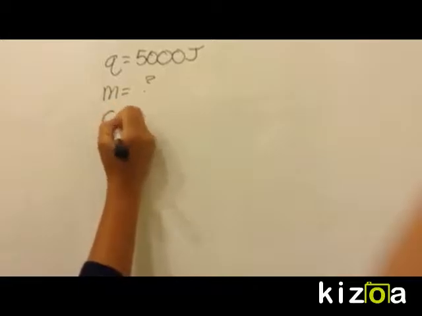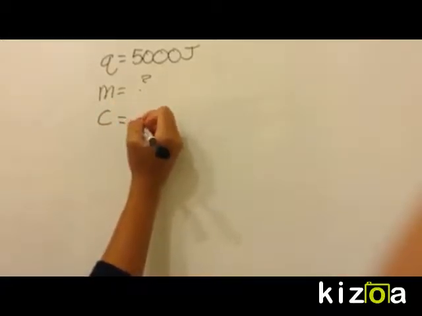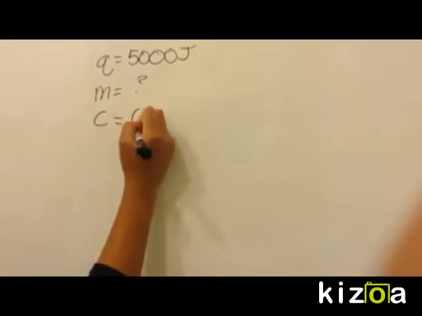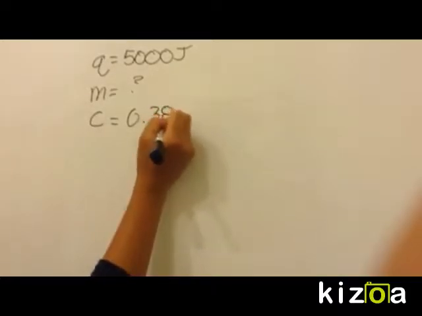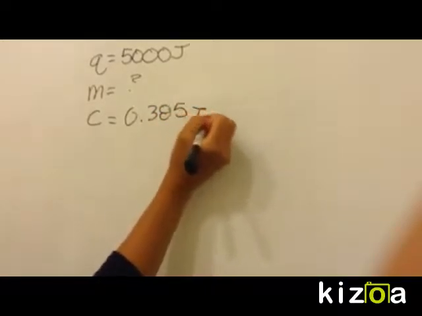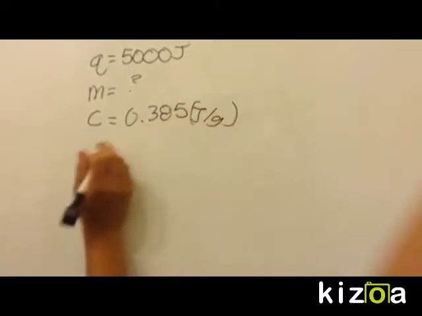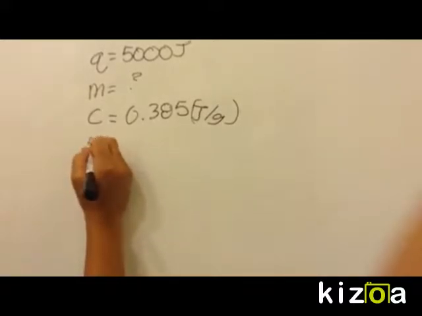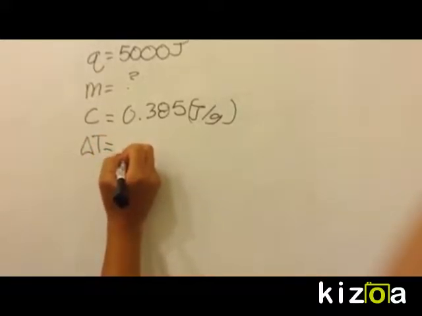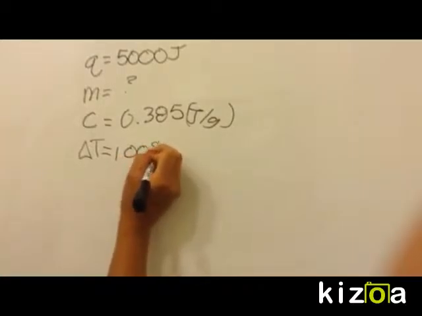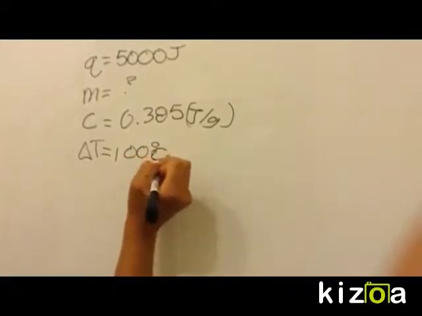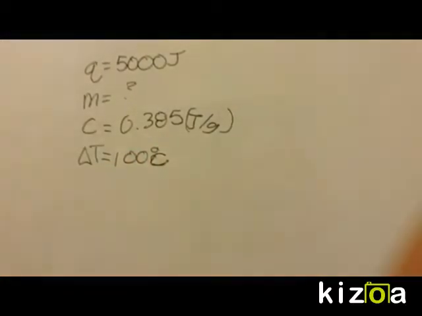And C, the specific heat, is 0.385, and triangle T is 100 degrees Celsius because we did the final minus initial.